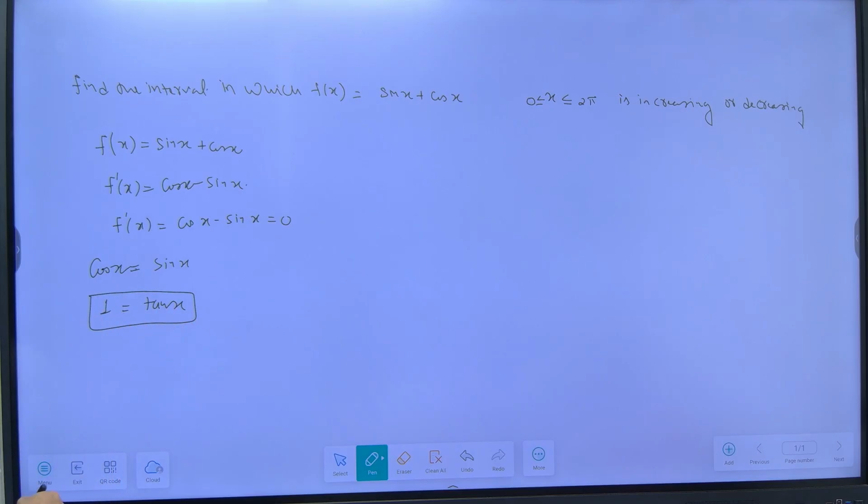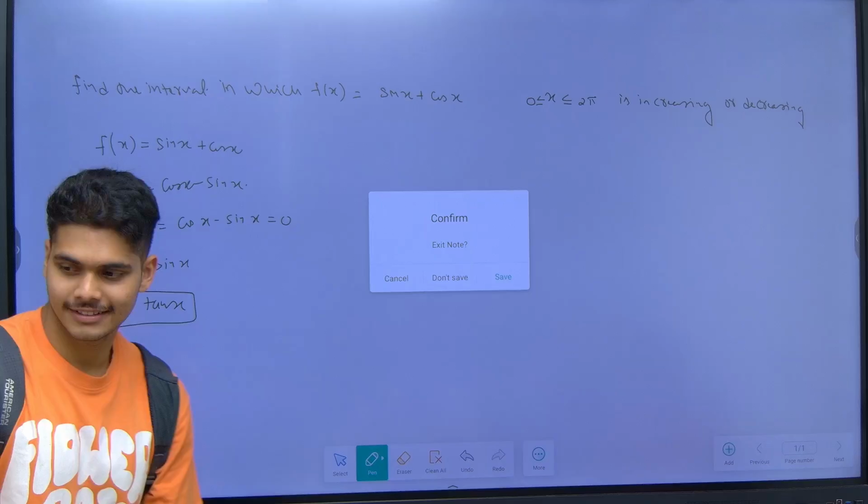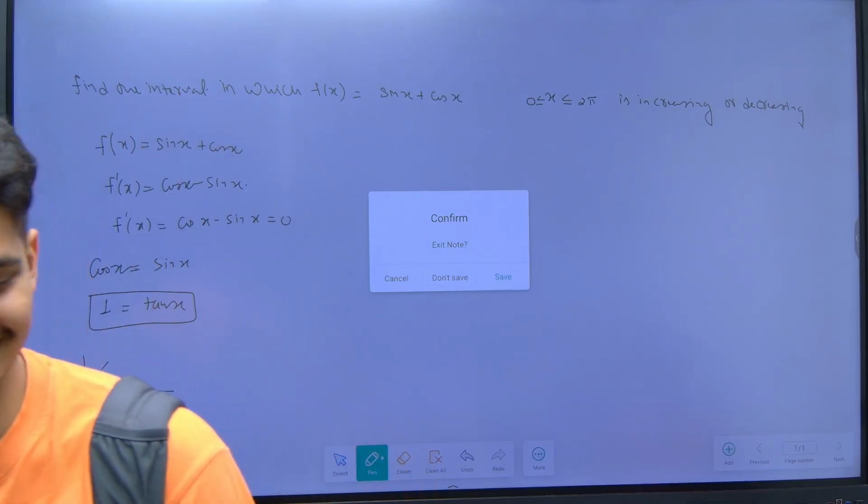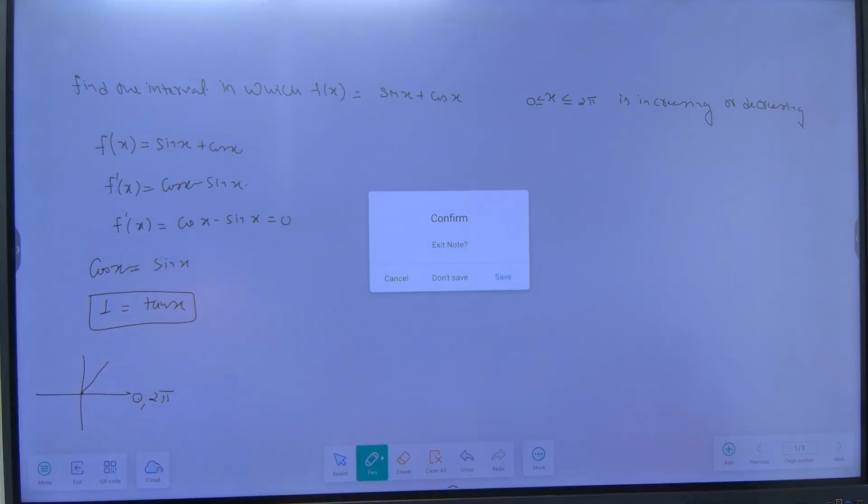Where tan is 1, which are the angles between 0 to 2 pi? The one complete round. Where tan x is 1? Tan 45. One angle is in quadrant 1. One is here.